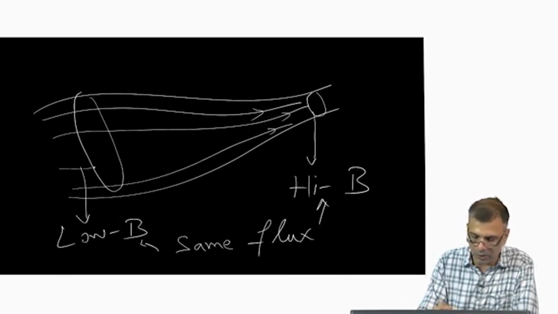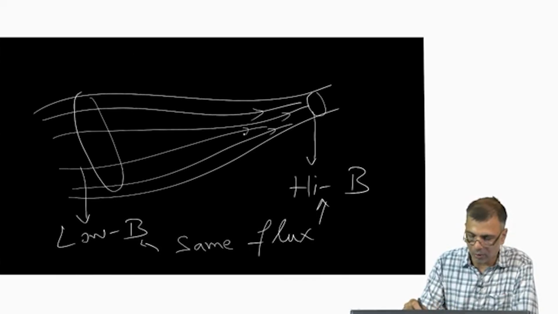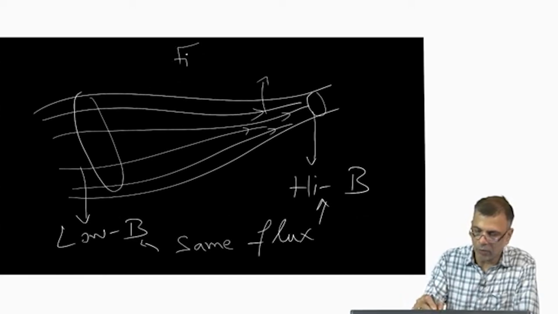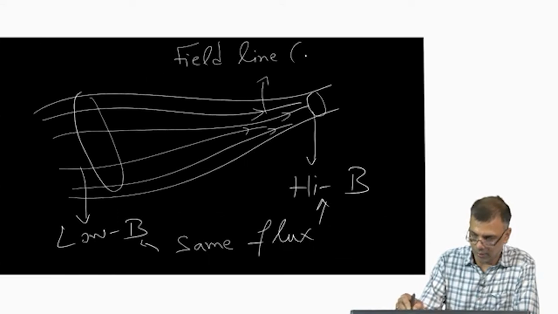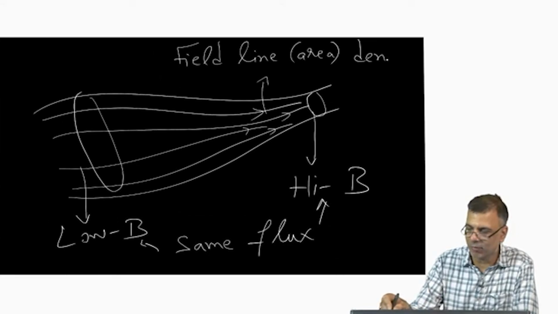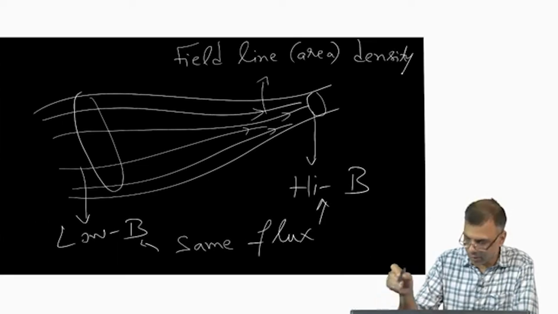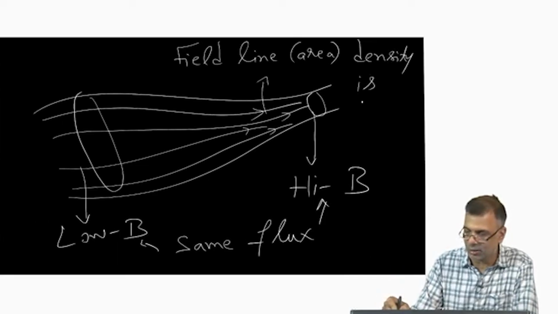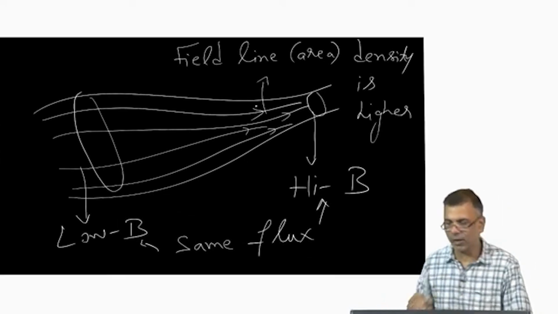In other words, the field line density, but really the area density, the number of field lines per unit cross sectional area, is higher here as compared to here.